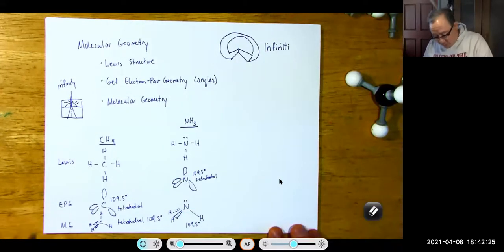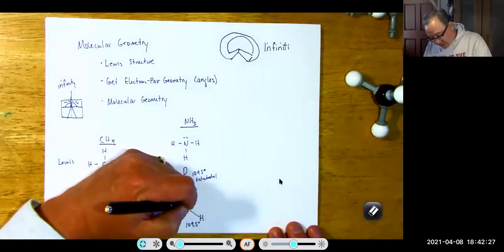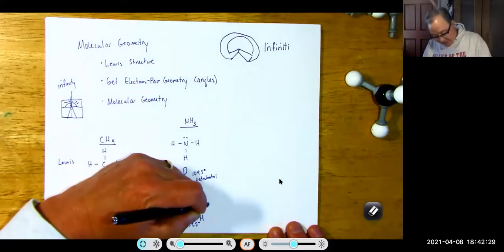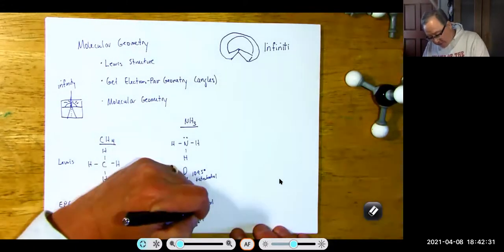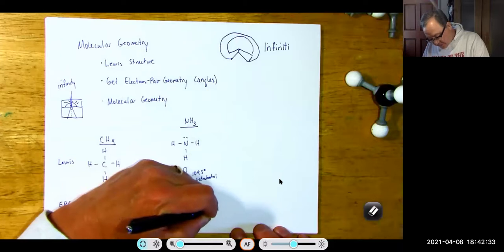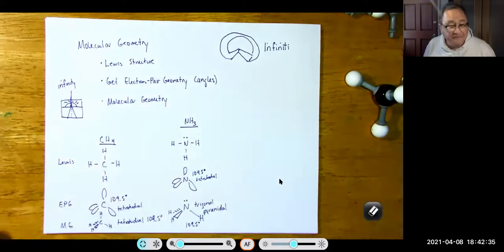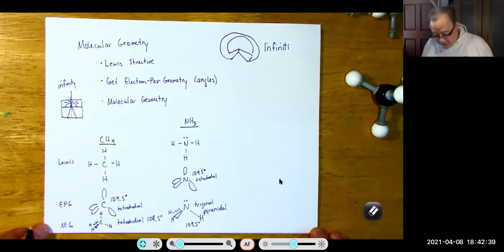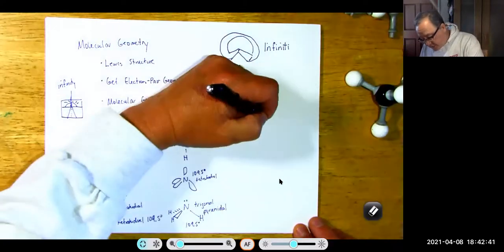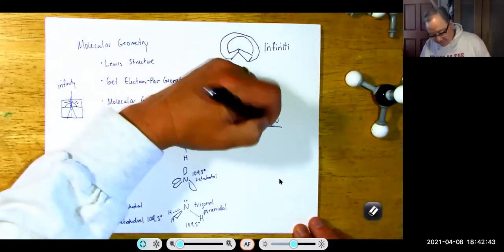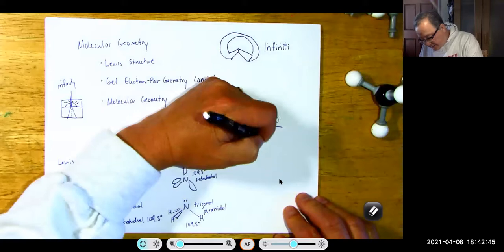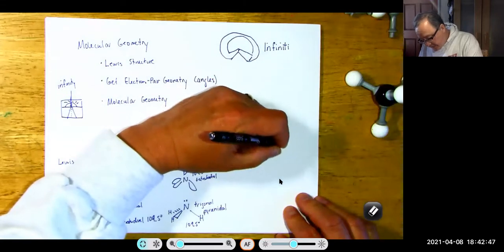Okay. We call this trigonal because of the three-legged stool, and pyramidal because it looks kind of like a pyramid. Now, the third one I'm going to give you is H2O. H2O looks like this. That's the Lewis structure.